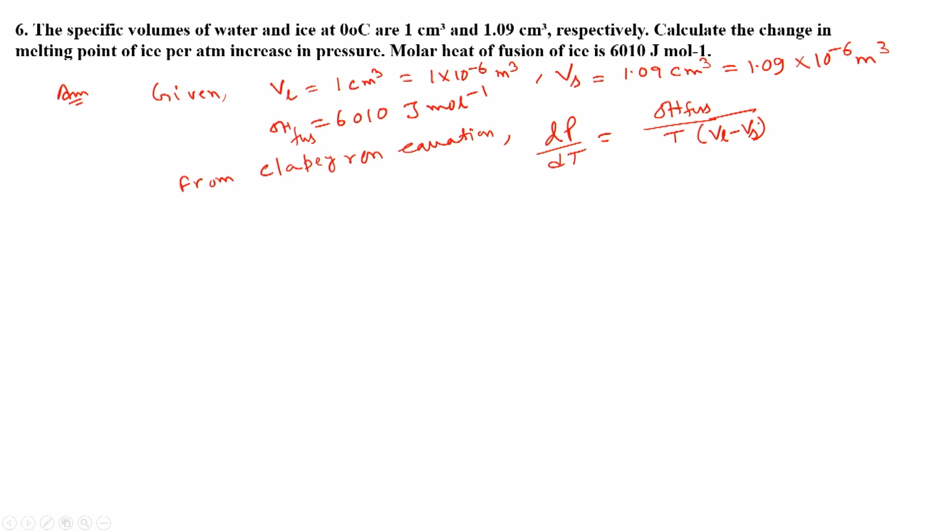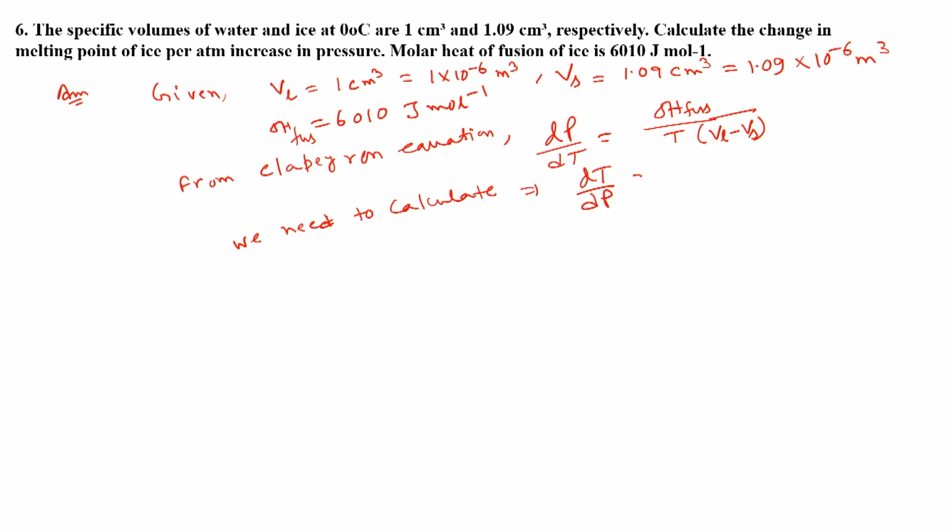right. And we need to calculate, so what do we need to calculate? The change in melting point of ice per atmospheric increase in pressure. So we need to calculate dT by dP, right. So change in melting point dT of ice per atmospheric increase in pressure dP.